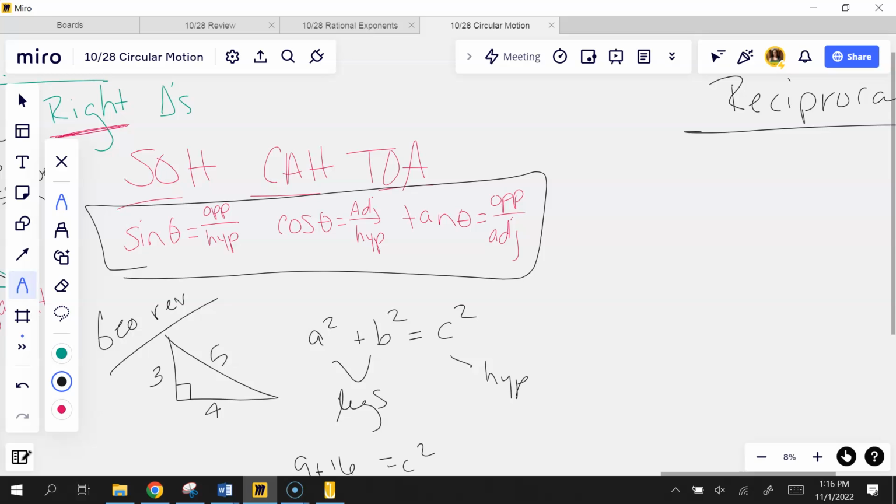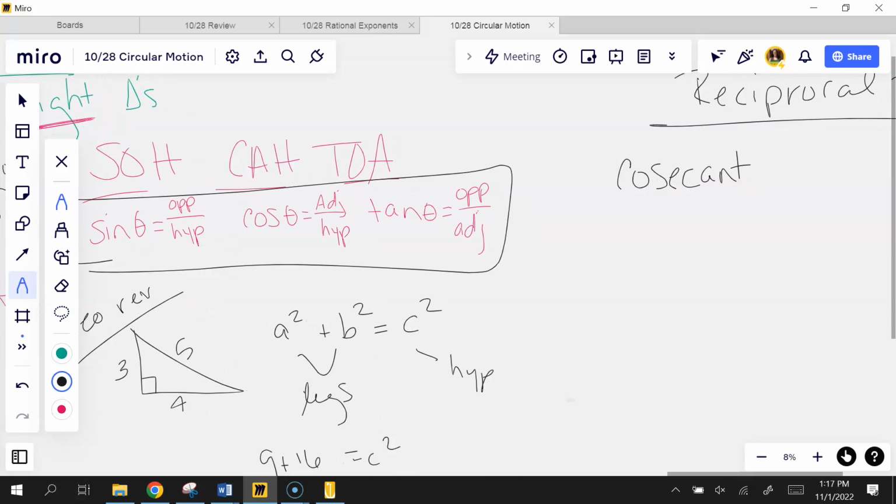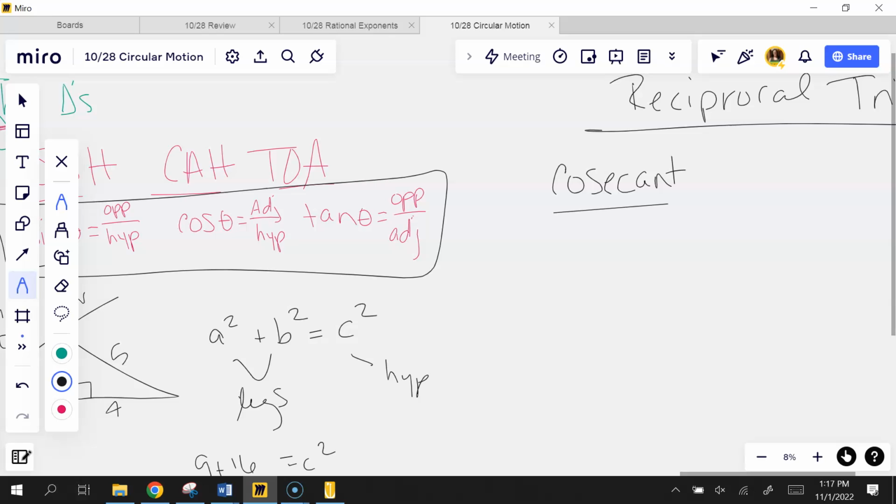Okay, so cosecant is the reciprocal of sine. Cosecant theta is 1 over sine theta.